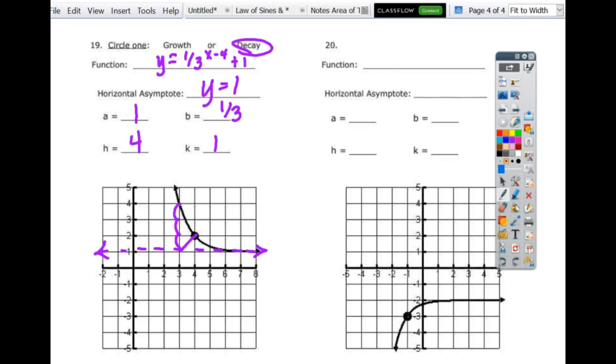Okay. So here's the asymptote here. So what's the A going to be? -1, because this goes down on the left.